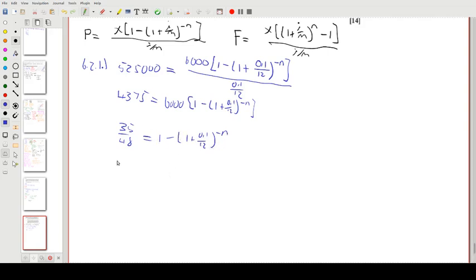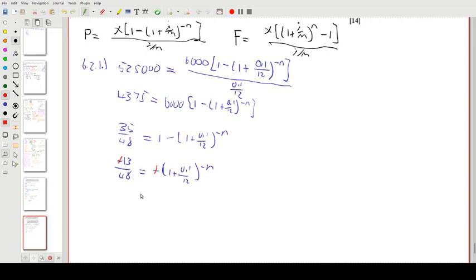Then we can take the 1 across, so 35 over 48 minus 1 gives us negative 13 over 48. And that equals negative 1 plus 0.1 over 12 to the negative n. And now the negatives can cancel out. You can multiply both sides by negative 1 or divide by negative 1.